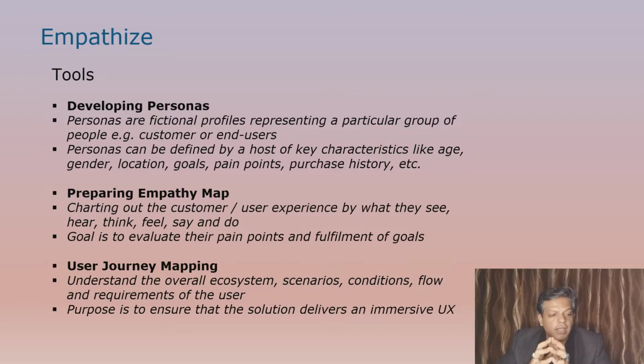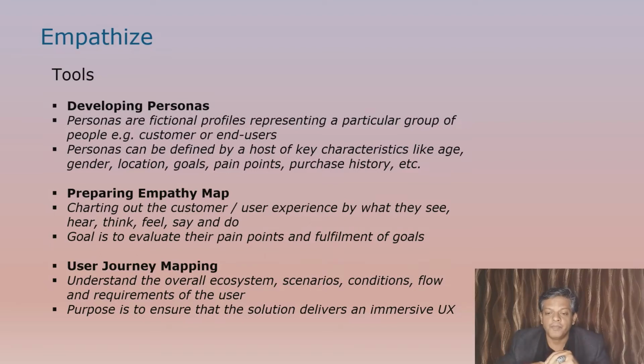And moving on, if we talk about user journey mapping, it is about understanding the overall ecosystem, scenarios, conditions, flow, and requirements of the user. The purpose is to ensure that the solution delivers an immersive user experience. So when we talk about user journey mapping, it can be broken down into various stages.